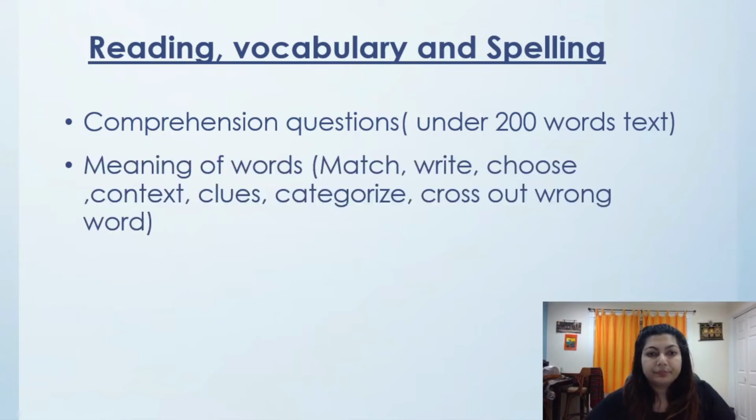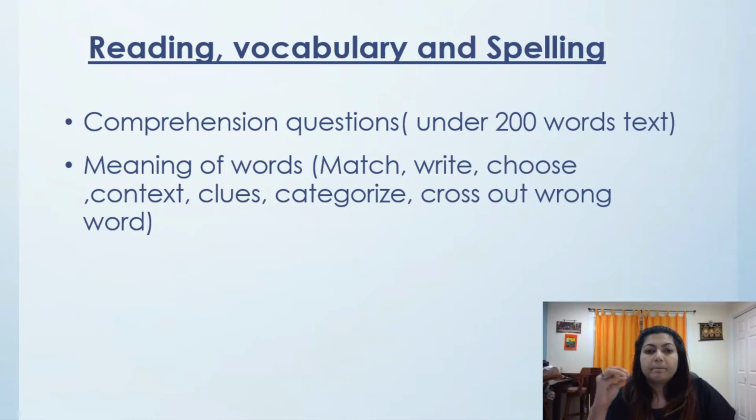Next we have vocab. For vocab we have meaning of words, match, write, choose, context clues, categorize, and cross out the wrong word. With the word list and definitions, you just match: there will be a word box, the meanings are given, and you choose the word that matches the description.